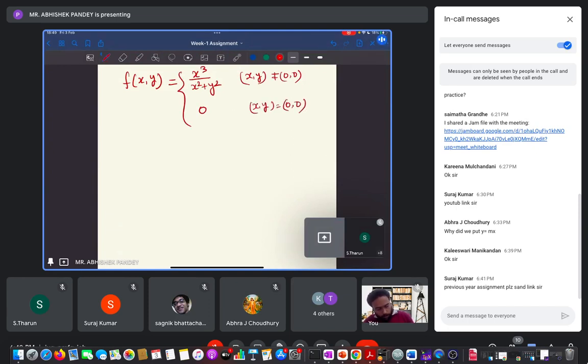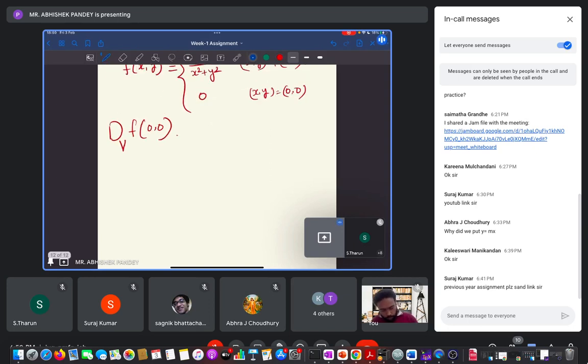Okay, so we need to find the directional derivative of f at 0 comma 0 in the direction v. Let us see in which direction the directional derivative exists.